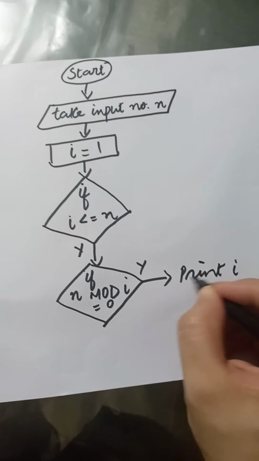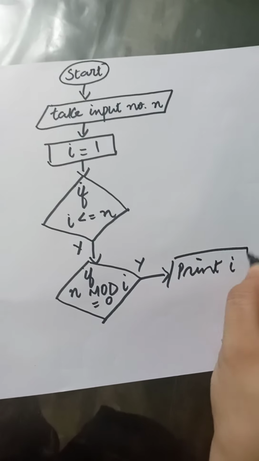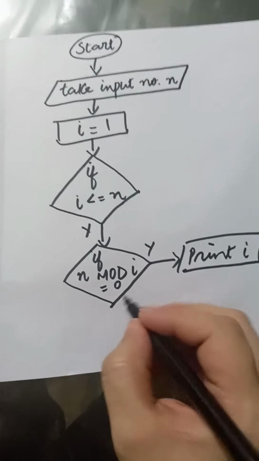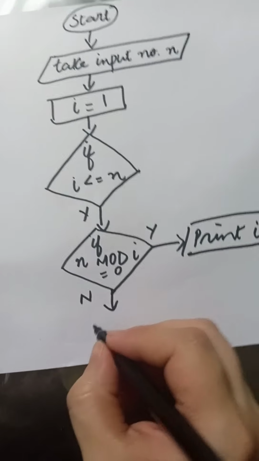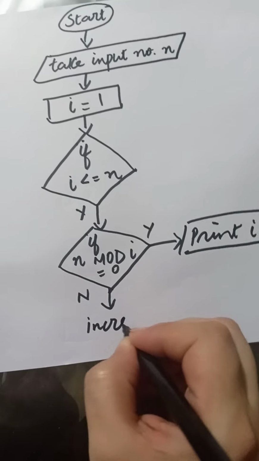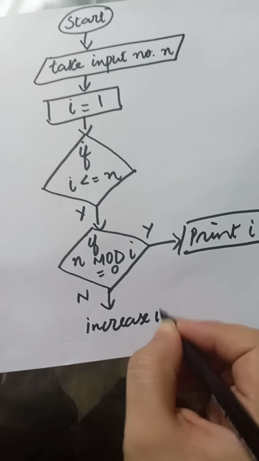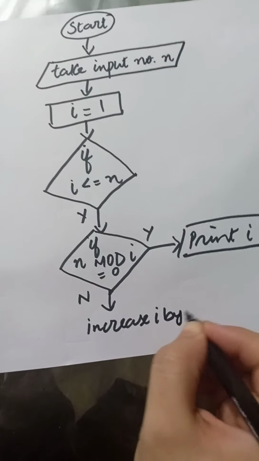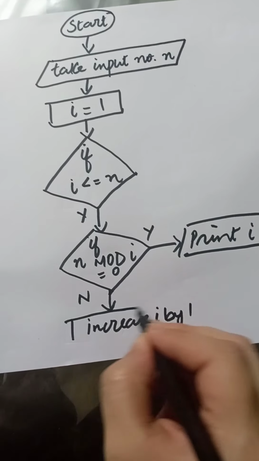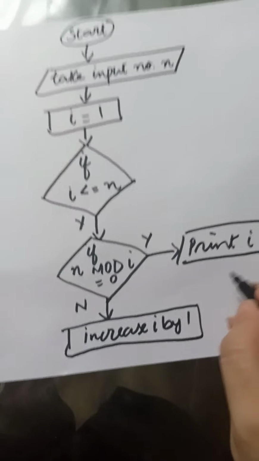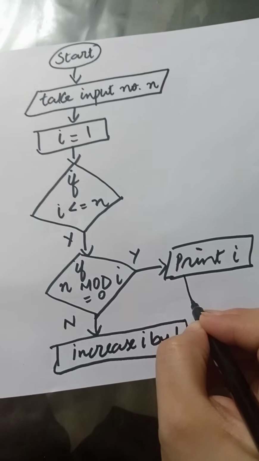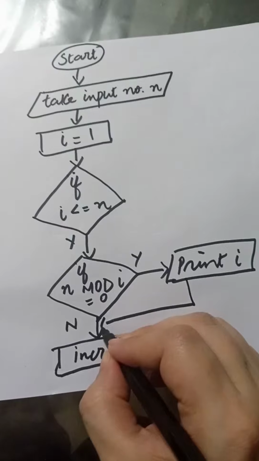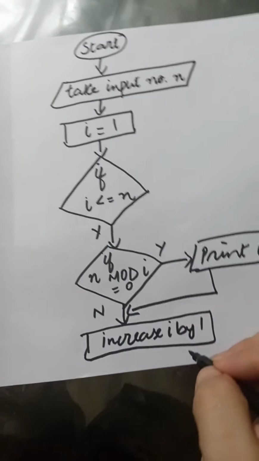Print I. If it comes out to no, then simply increase I by 1. After printing I, control will also come towards the incrementation of I.